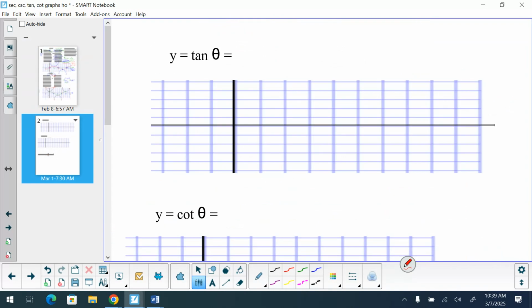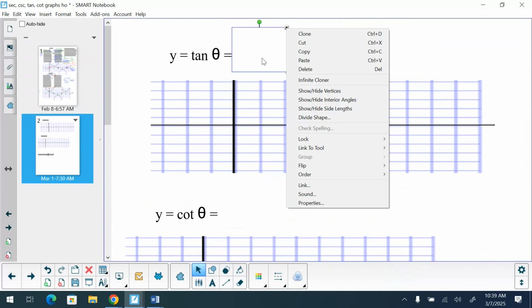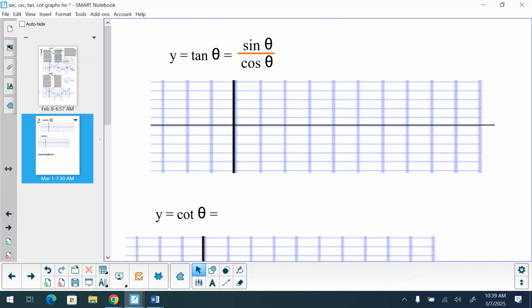Let's take a look at tangent and cotangent. By definition, tangent can also be defined to us, and we'll eventually get to this a little bit more, as the sine of theta over the cosine of theta. If we would take the sine of 30 and divide it by the cosine of 30 and hit enter, and then take the tangent of 30 and hit enter, you're going to get the exact same value.